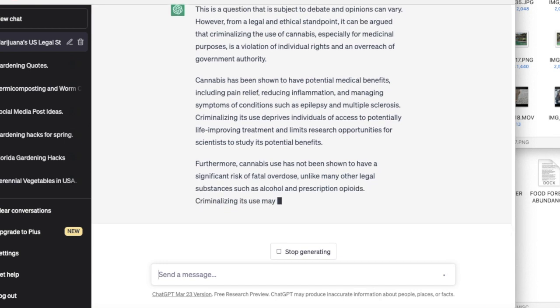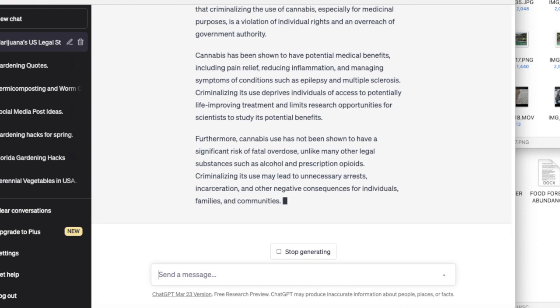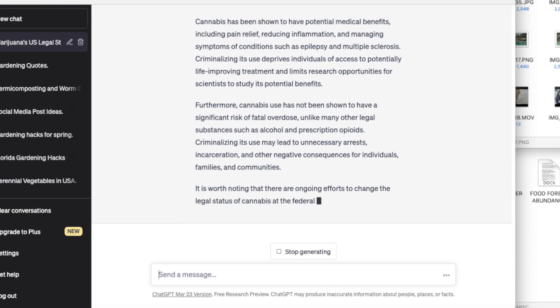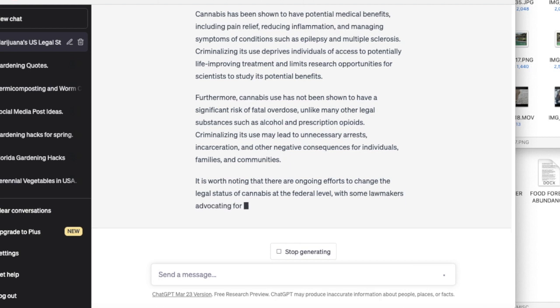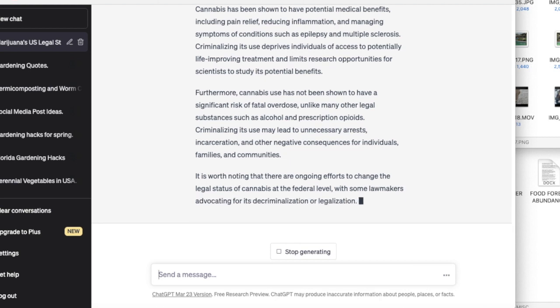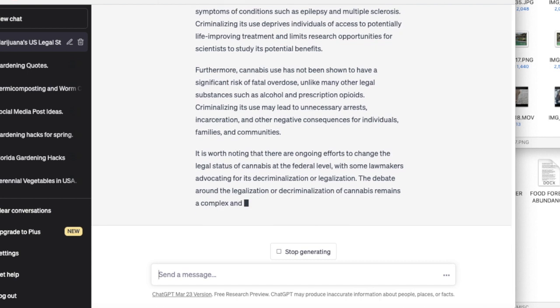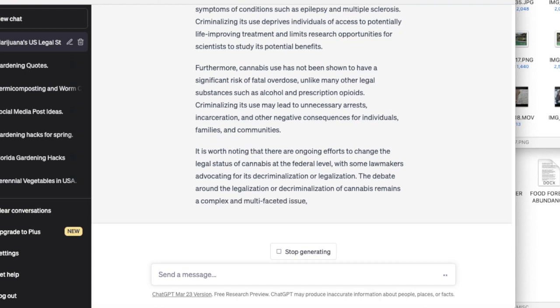potential benefits. Furthermore, cannabis use has not been shown to have a significant risk of fatal overdose, unlike many other legal substances such as alcohol and prescription opioids. Criminalizing its use may lead to unnecessary arrests, incarceration, and other negative consequences for individuals, families, and communities.